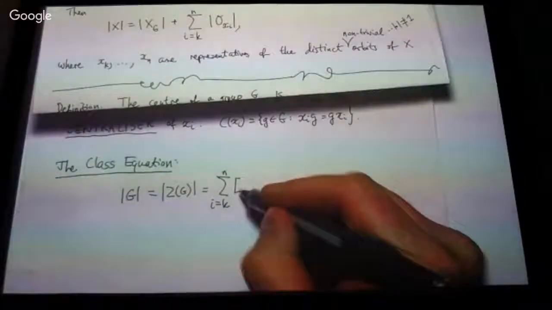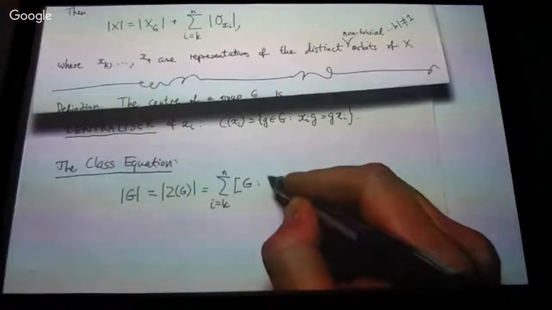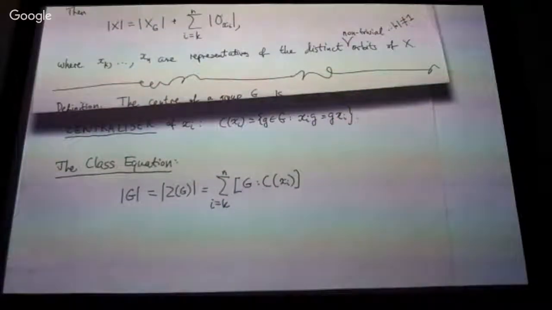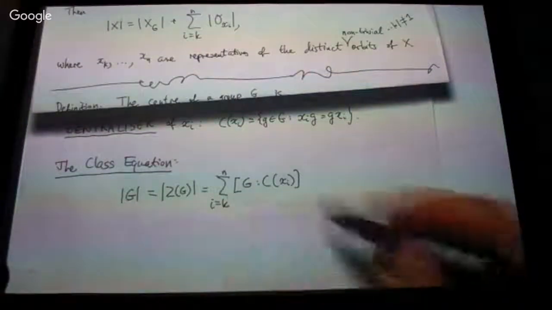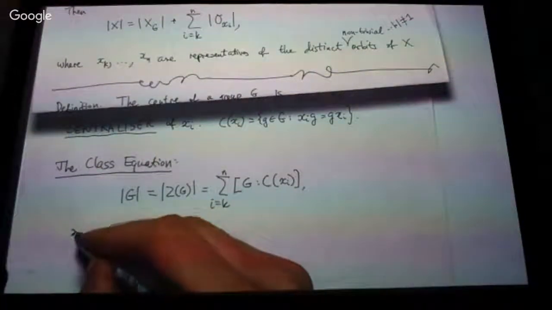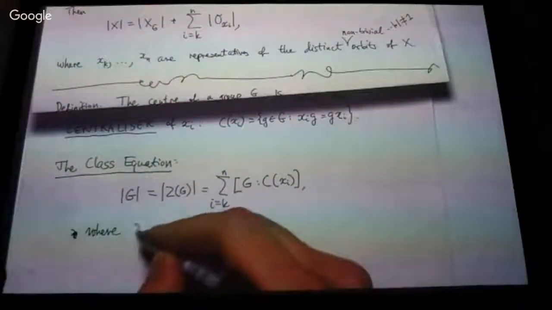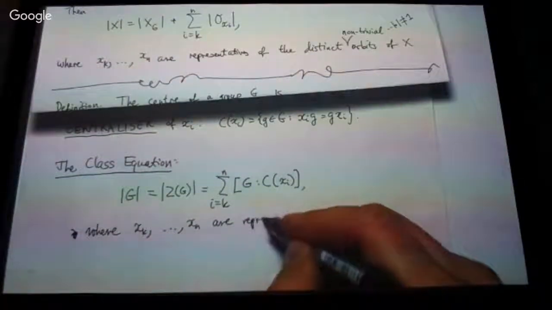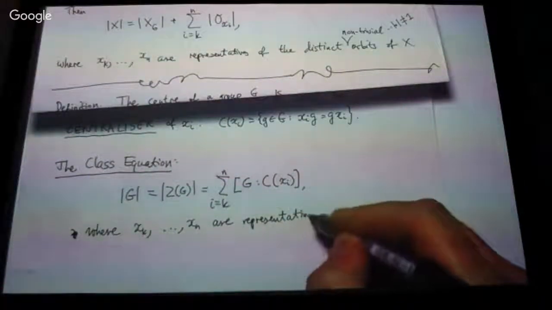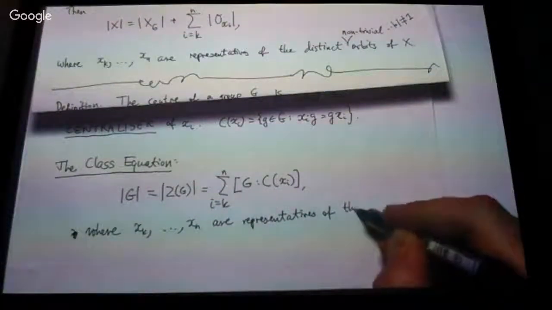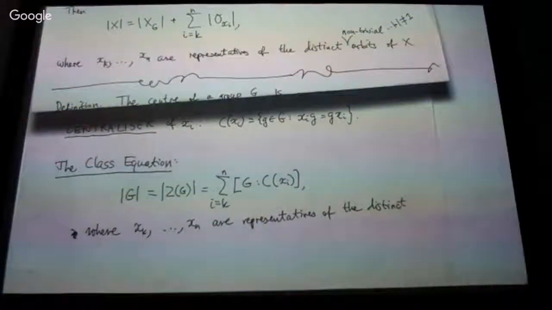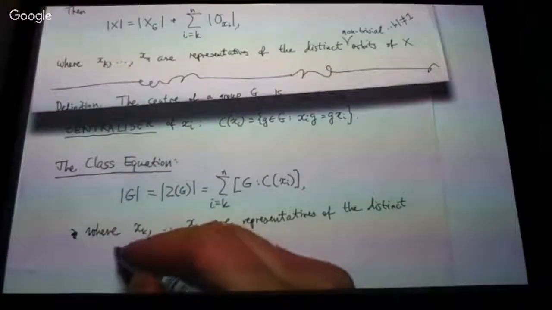So what we're adding is the indices of all the centralizers, where x_k through x_n are representatives of the distinct, what do I put there? Non-trivial orbits. Well, non-trivial orbits are now called conjugacy classes.